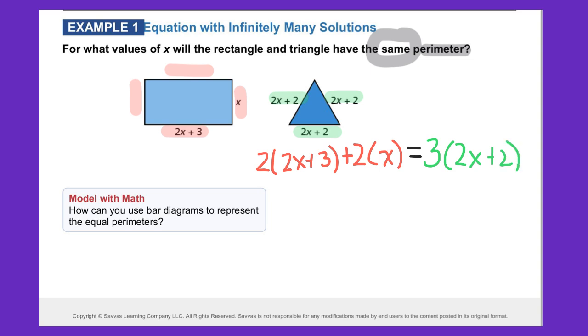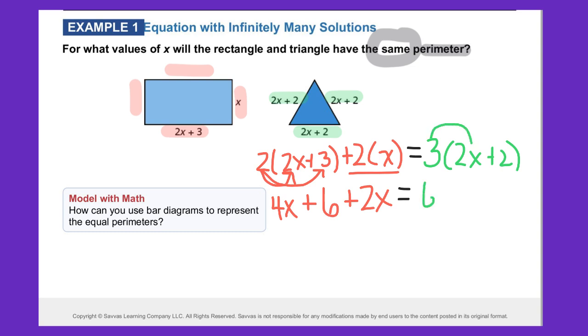All right, let's distribute. 2 times 2x is 4x. 2 times 3 is 6. 2 times x is 2x. Let's do the triangle side. 3 times 2x is 6x. 3 times 2 is 6.